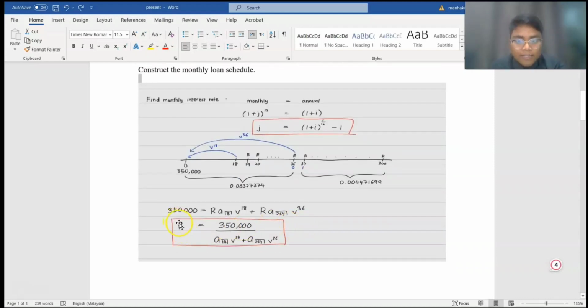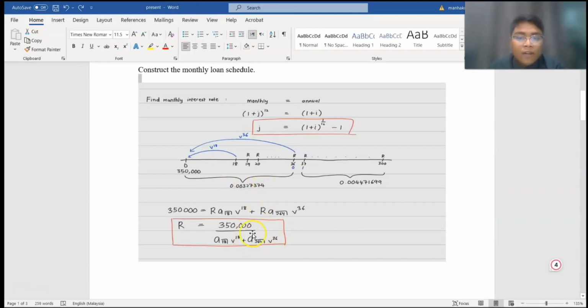So I can simplify to find R by using 350,000 over a angle 18 v^18, where both are using the interest rate 0.0032737, plus a angle 264.